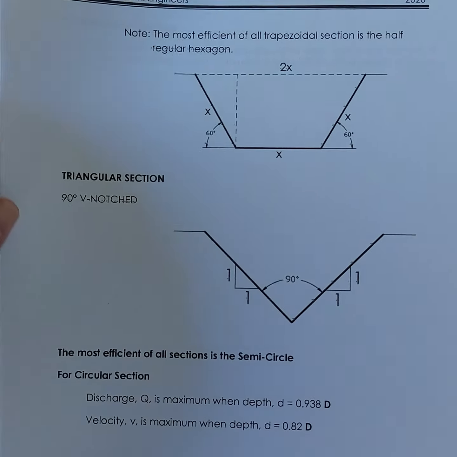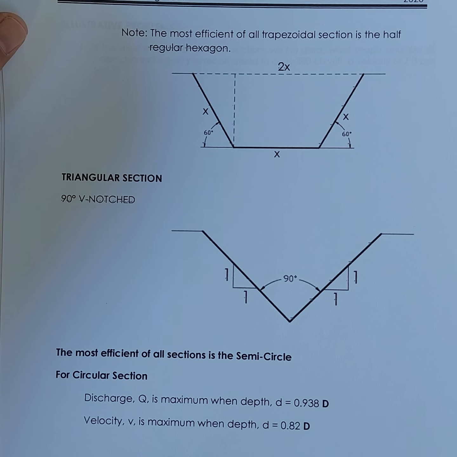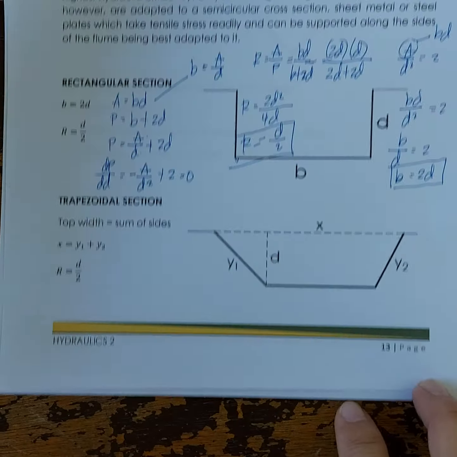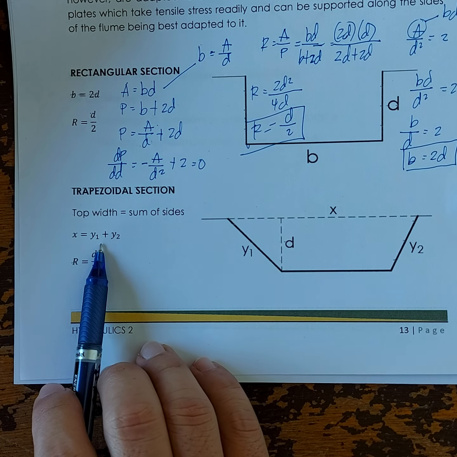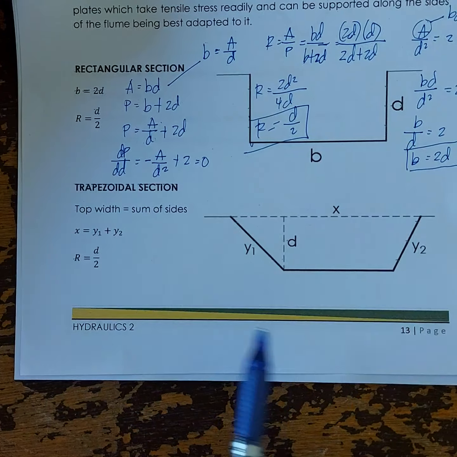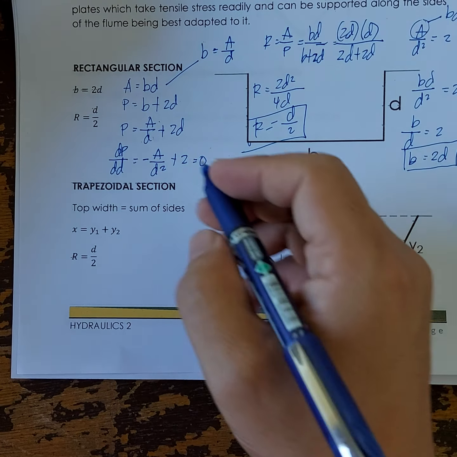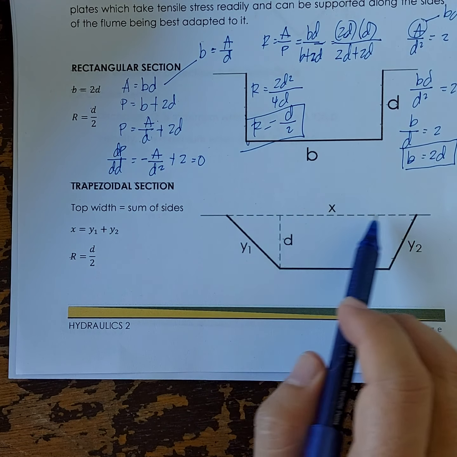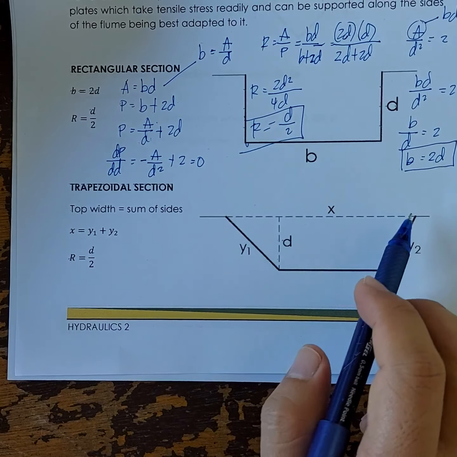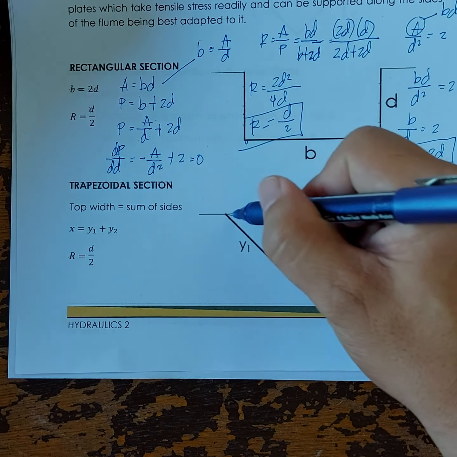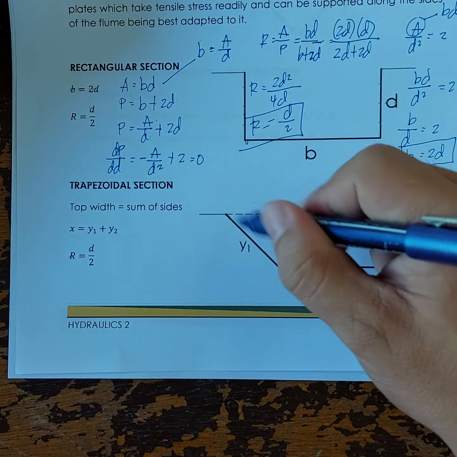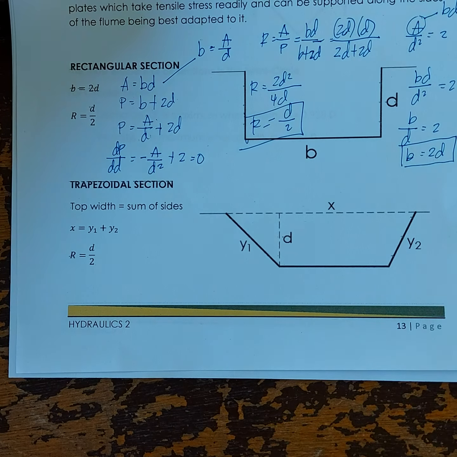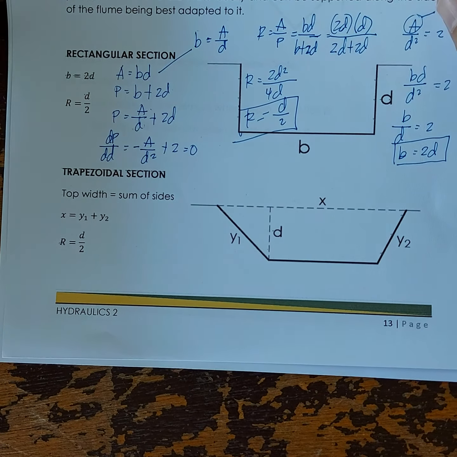So for trapezoidal section, the section is most efficient when the top width, ito yung top width natin, x, is equal to the sum of the sides, yung sides ng trapezoid natin, so y1 and y2 sides. So x is equal to y1 plus y2, and the hydraulic radius should be equal to D over 2.